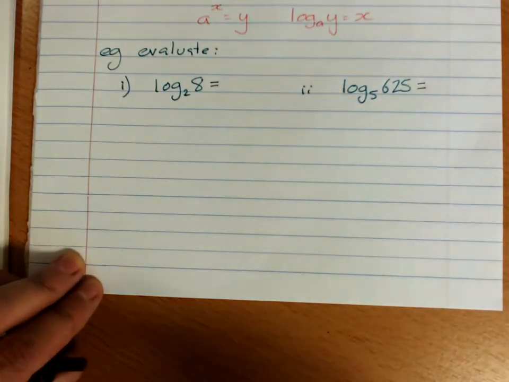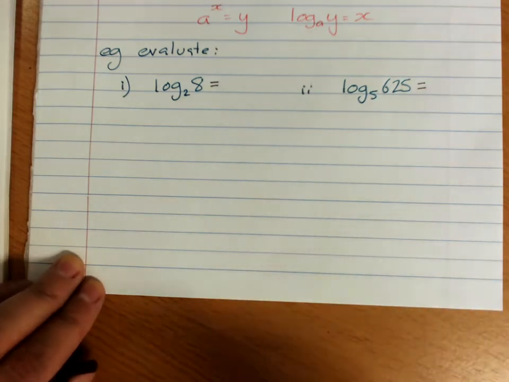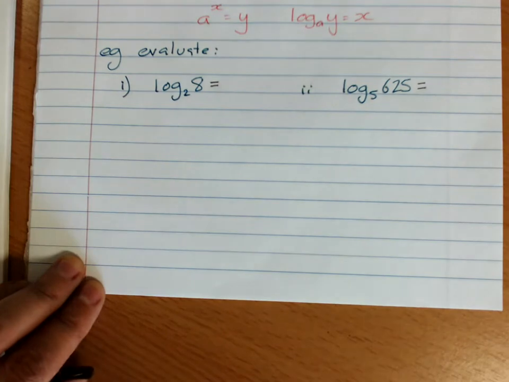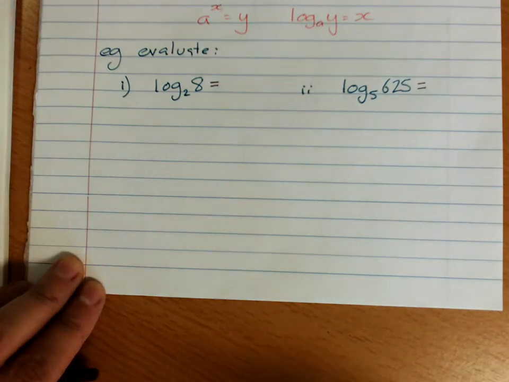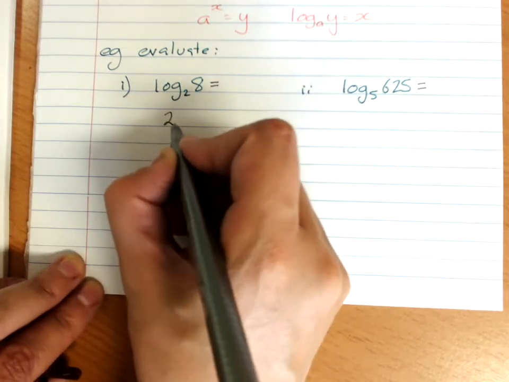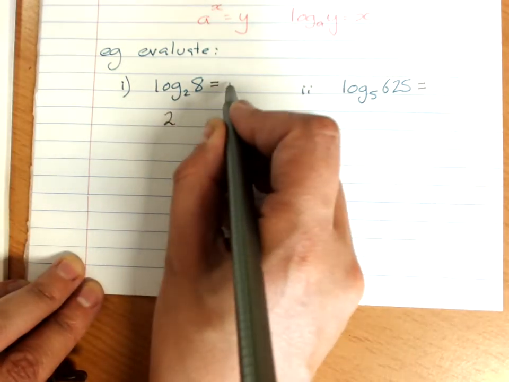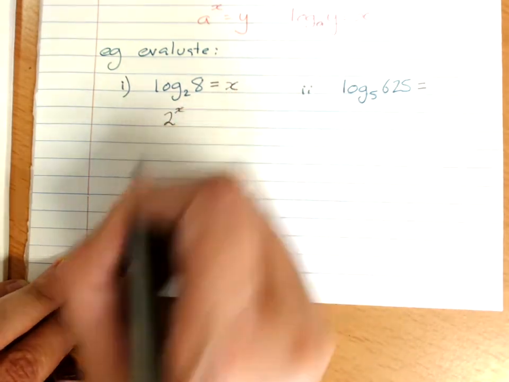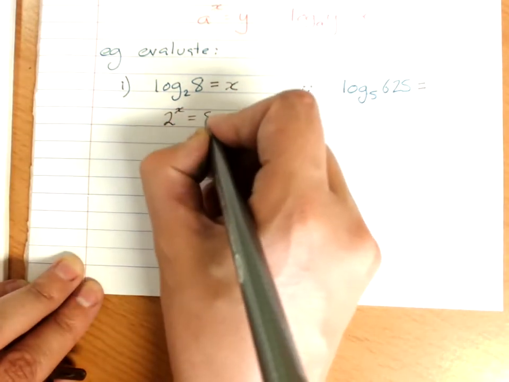I would recommend getting this into index form, where you'll have, in many cases, an exponential equation. So in index form, this is my base, 2. X is over here. What power of 2 gives me 8?